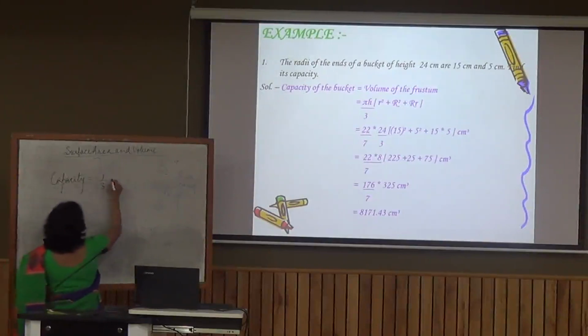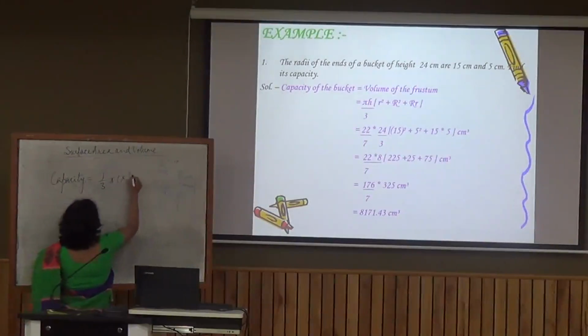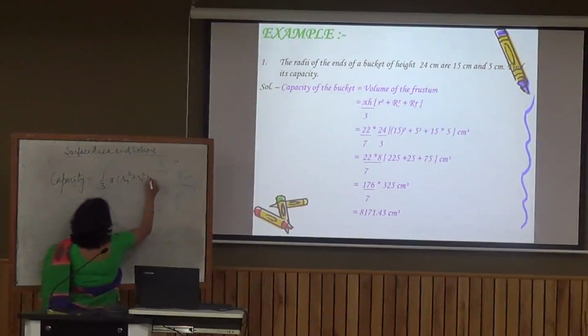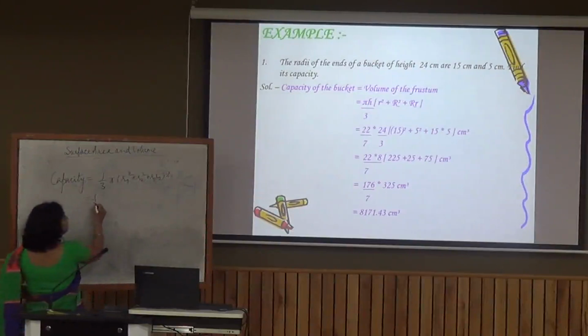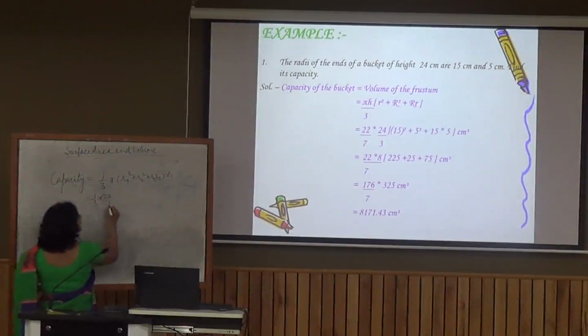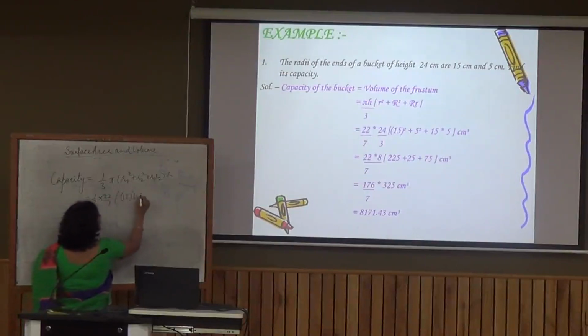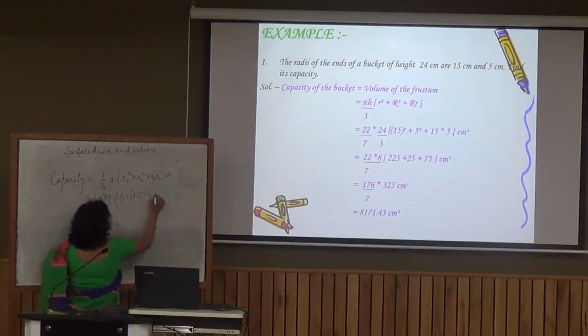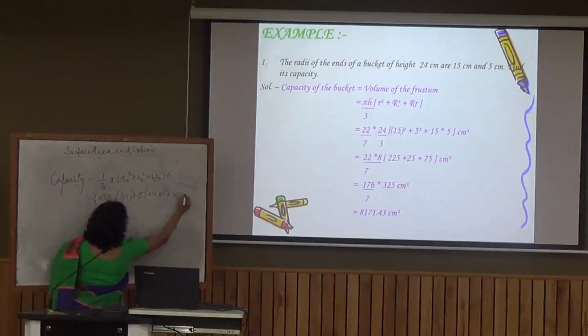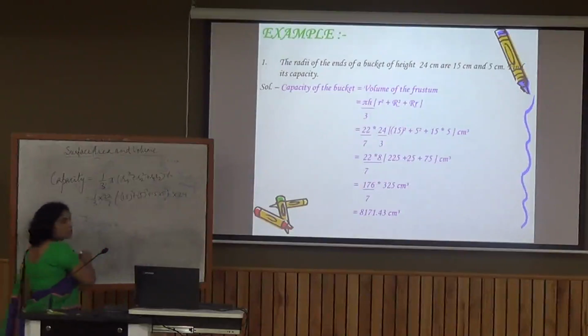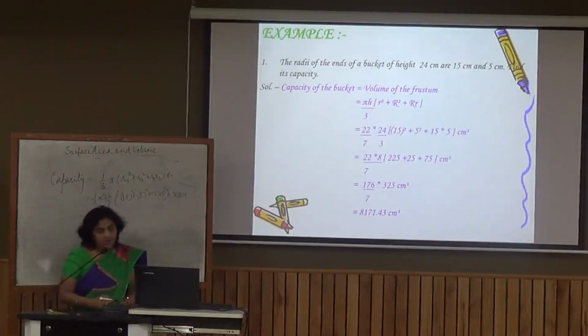So 1 by 3 pi (r1 square plus r2 square plus r1 r2) into h. 1 by 3, 22 upon 7, and then we have r1 square as 15 square plus 5 square plus 15 into 5, and our height is 24 centimeter. Calculating all this, we get the capacity of the bucket.